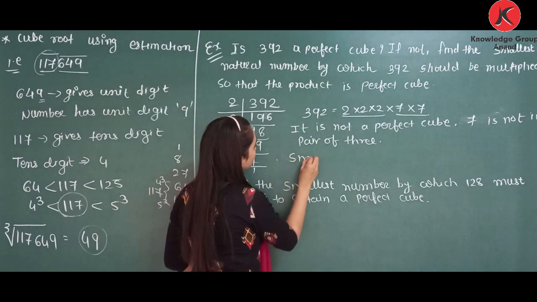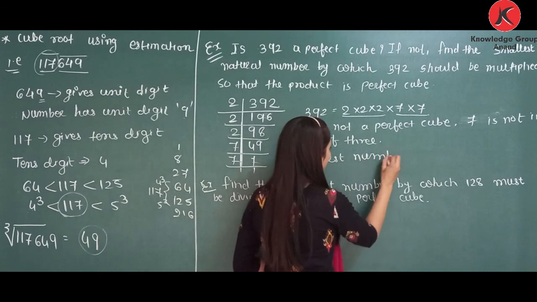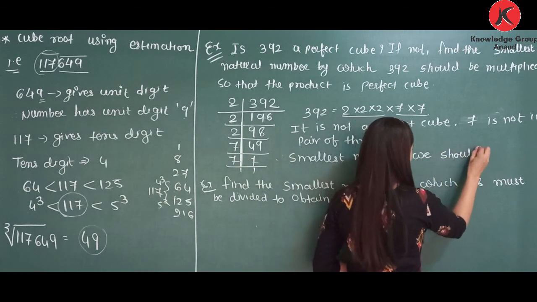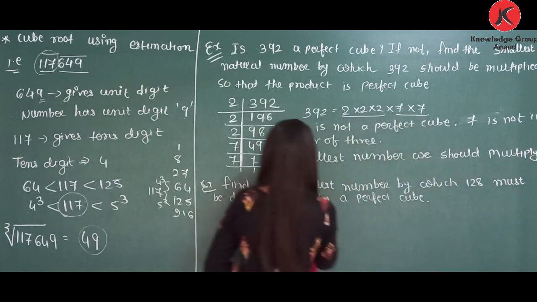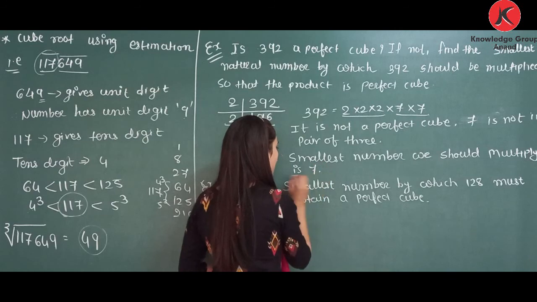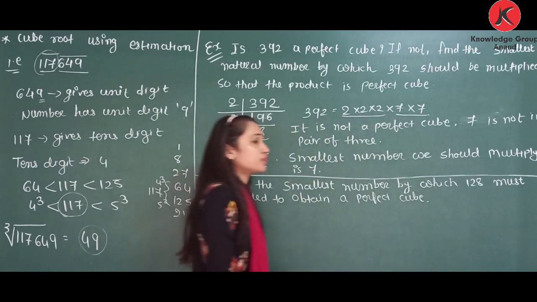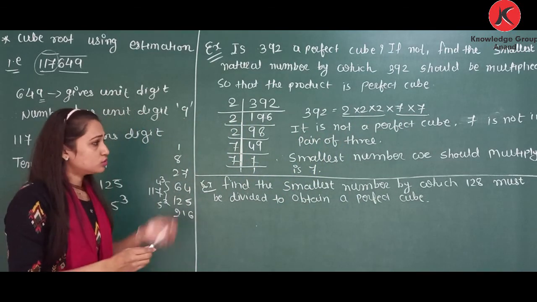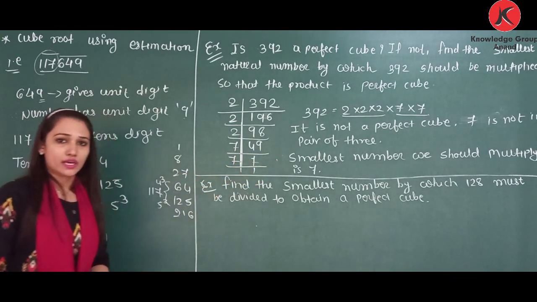So the smallest number we should multiply by is whatever number is not in a group; we need to multiply that number. Clear? This kind of question can be asked in an MCQ also. So you need to find which number is not in a group and select that answer.